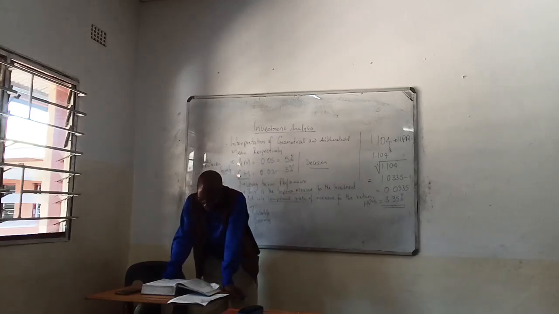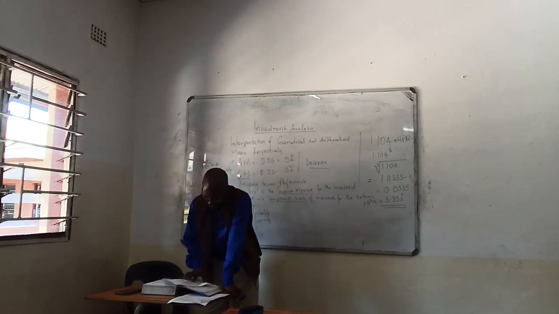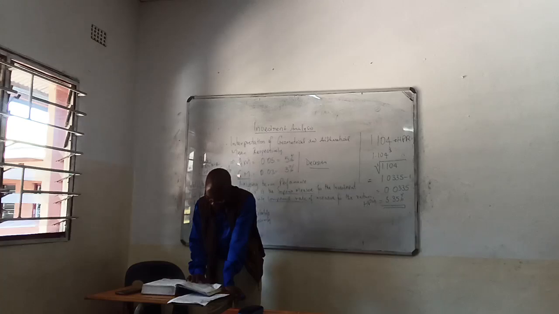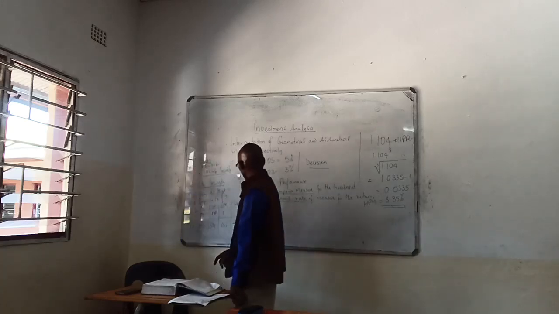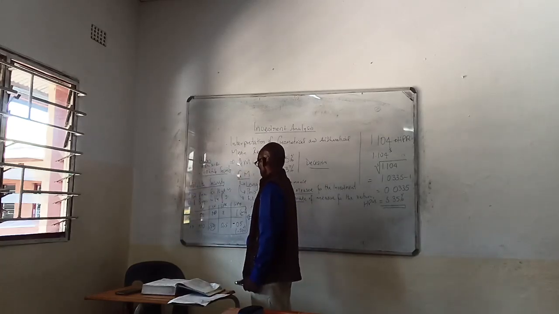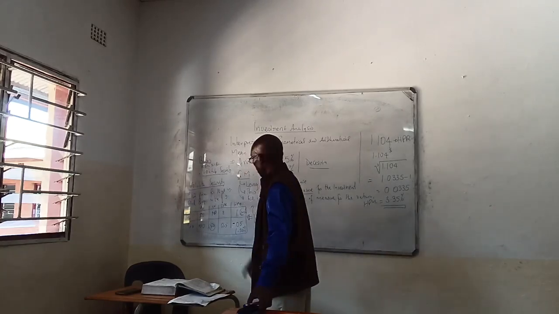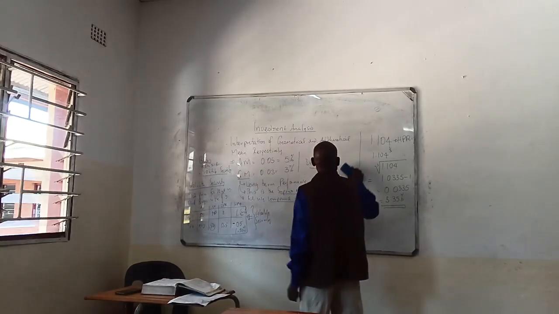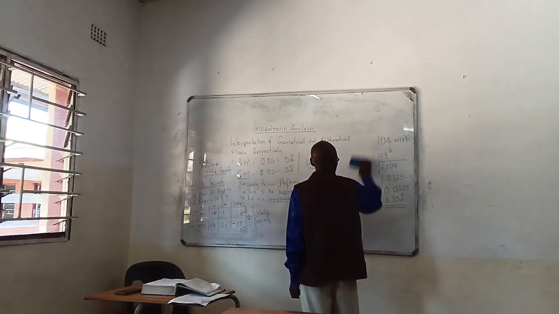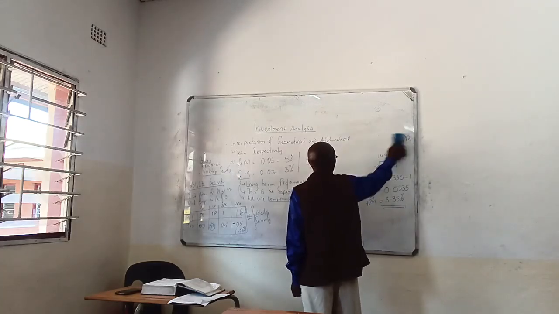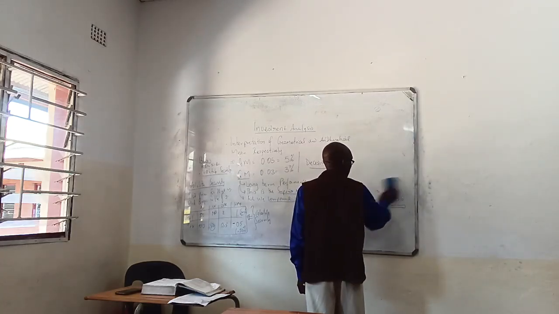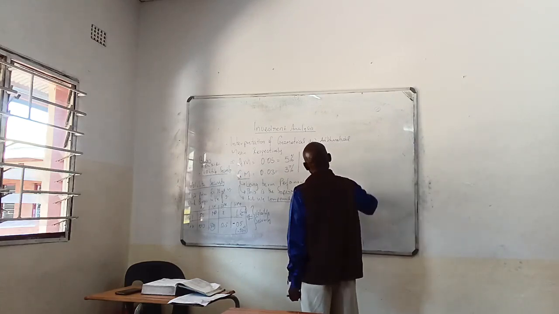Now this would give an AM rate of return. Let's find AM and GM for that. How do you calculate AM and GM?